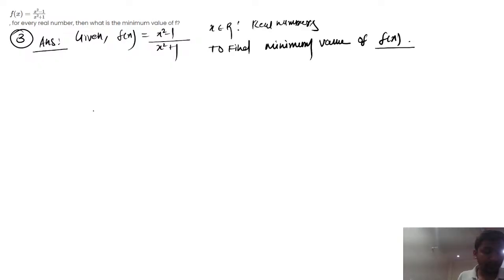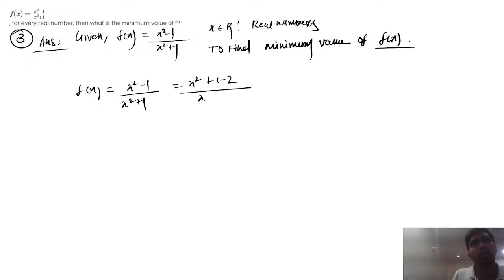Okay, now see the board. So we have f(x) equal to x square minus 1 upon x square plus 1. So can we write f(x) like this, which can be written like this, x square plus 1 minus 2, over x square plus 1.